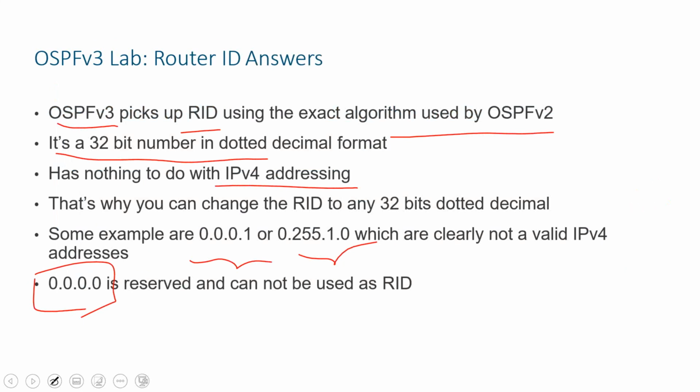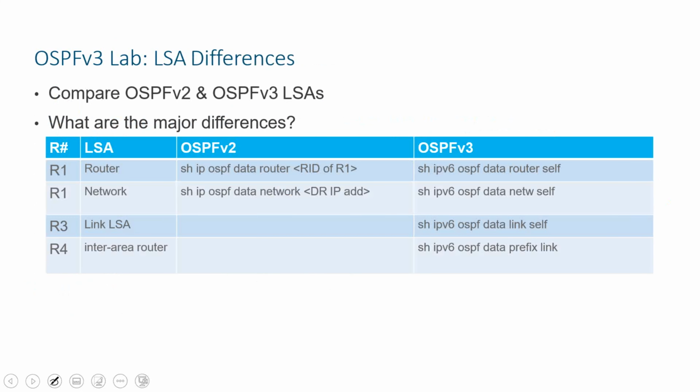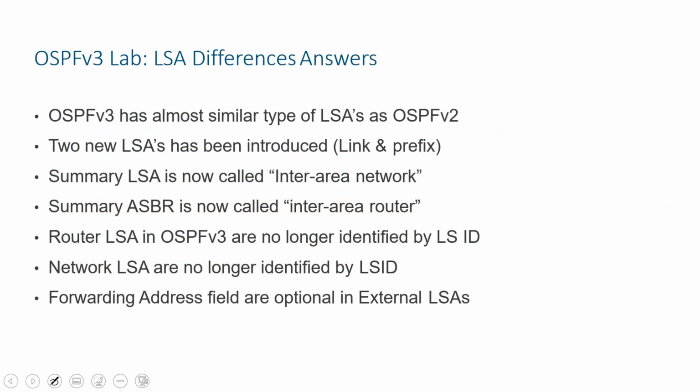Apart from that, you can use any 32-bit dotted notation. Once we configure all the routers, we'll verify router LSA, network LSA, link LSA, inter-area LSA. These are the OSPF version 3 commands. I will show you these commands in the lab.